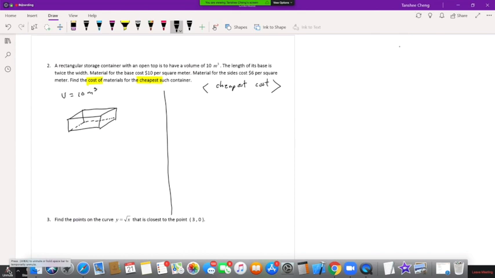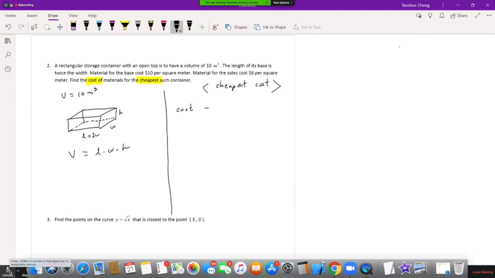It also tells you the length of the base is twice the width. So here's my length, here's my width, here's my height. And we know that the length is twice the width. That's all we know so far. The formula for the volume is length times width times height. Now, we want to talk about the cheapest cost. The cost is based on the surface area, right?